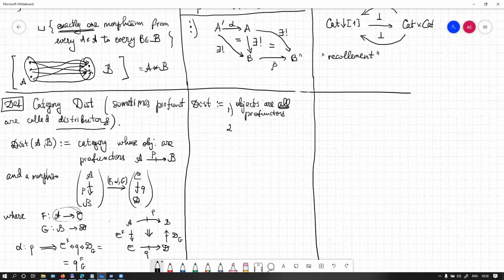The first thing and second morphisms F, alpha, G are arrows. So your objects are profunctors. Profunctors are not arrows, they're objects, but they do not have a fixed beginning or ending.